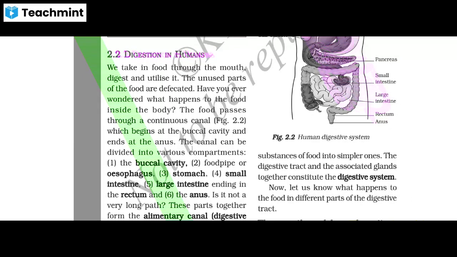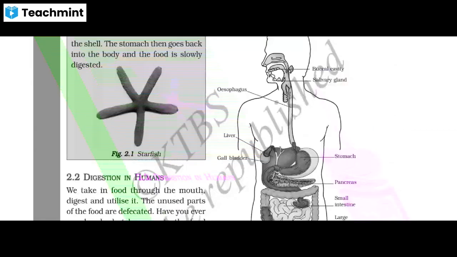Here, children, the digestion takes place. The food, whatever we eat, passes through a continuous canal which begins at the buccal cavity and ends at the anus. Just look at this diagram.